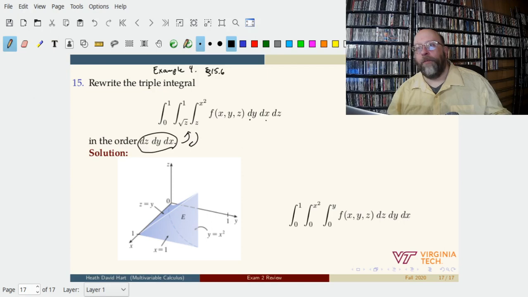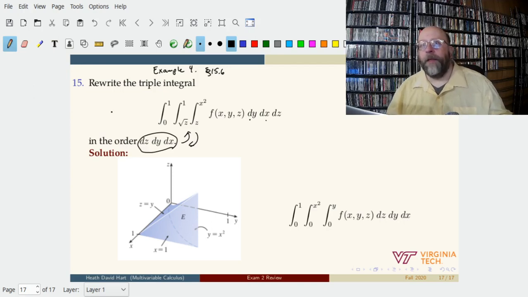I'm having you do it the other way around, but in fact, this illustration came out of a book from this example. So I picked an example that had you rewrite the triple integral from this order to this order. We're just doing it the other way around.